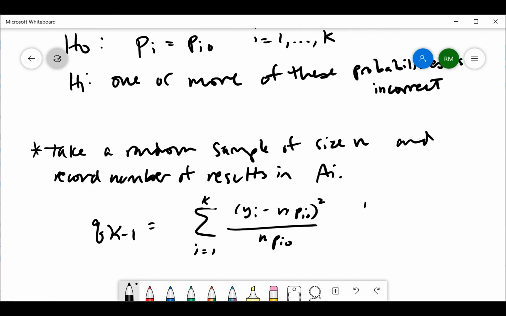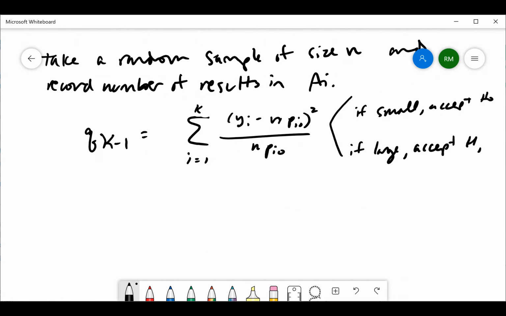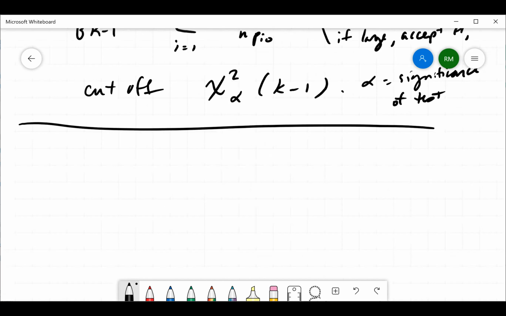So if this is small, we'll accept the null hypothesis, and if it's large, we'll accept the alternative hypothesis. Okay, so that's enough talk. And oh yeah, the cutoff though, before we move on, the cutoff is the value chi-squared of alpha with k minus 1 degrees of freedom, where alpha is the significance of your test. Okay, so that's enough talk of that. Let's move on to some examples.